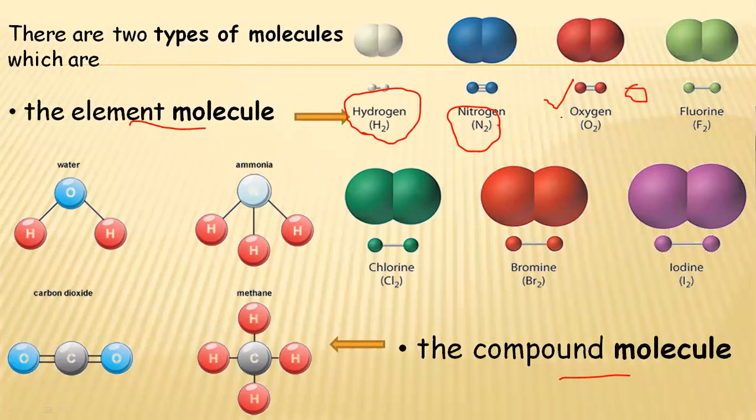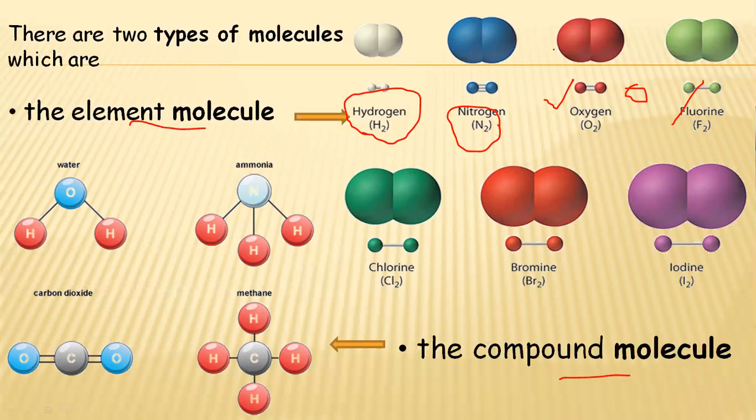So O and O combine because they are the same. And they form an element, like fluorine, chlorine, bromine, iodine.